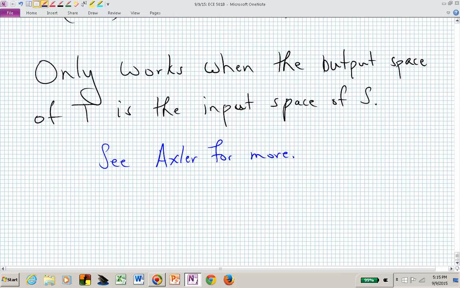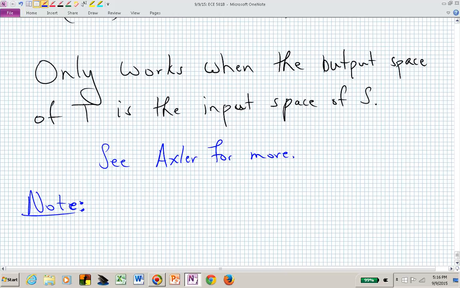Now, just to wrap up, what else can you say about this multiplication of linear maps? Does it matter the order with which we try to do that mapping? If I can go T and then S, can I go S then T? Not necessarily.